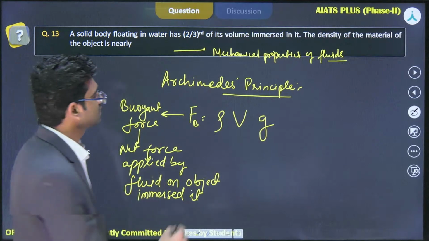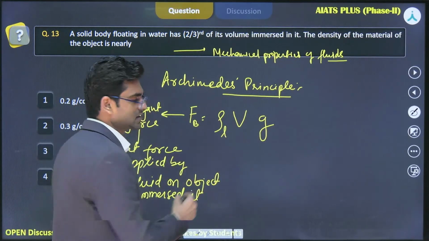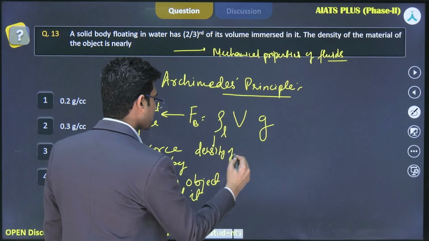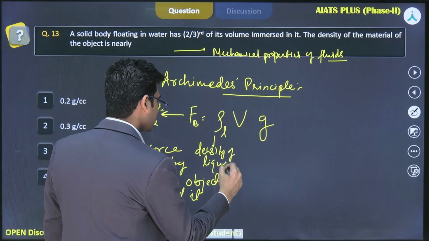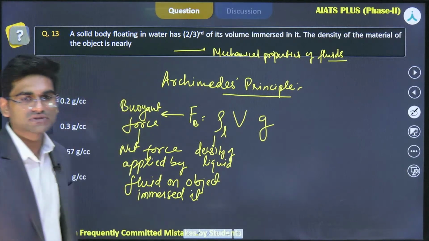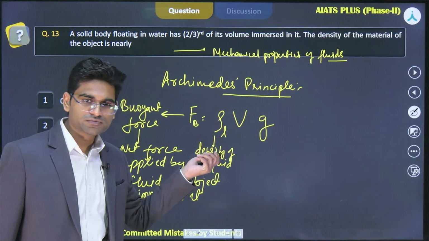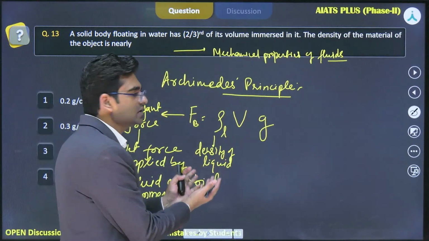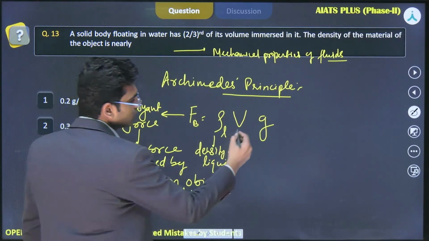What is rho here? This is rho L actually. This is density of liquid, not the density of object. So if I ask you whether the buoyant force depends on the density of the object, the answer should be no. It depends on the density of the liquid. What is this V?